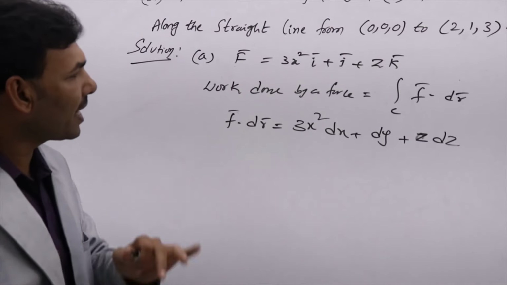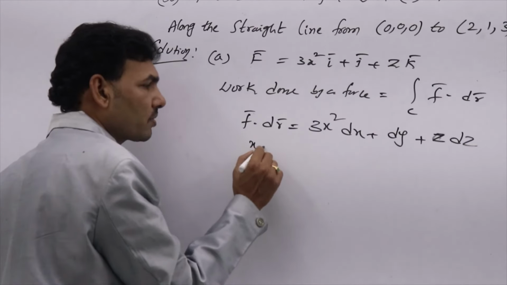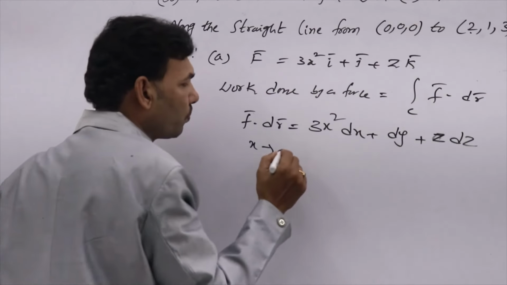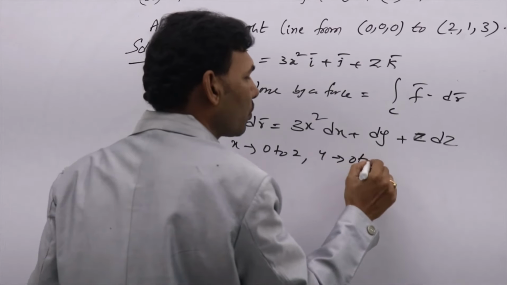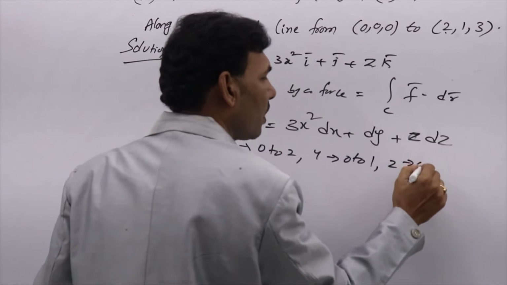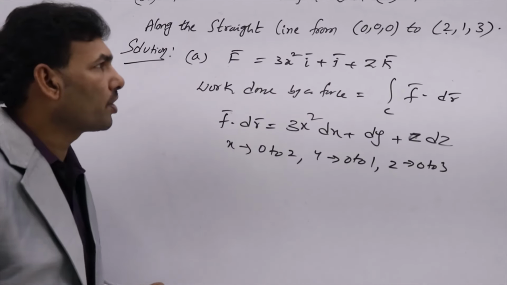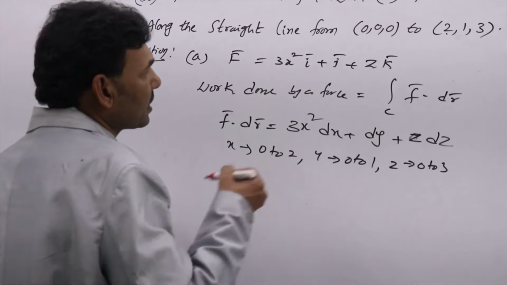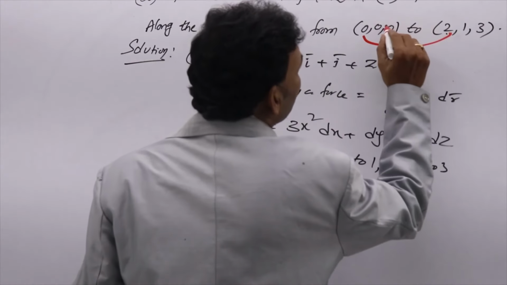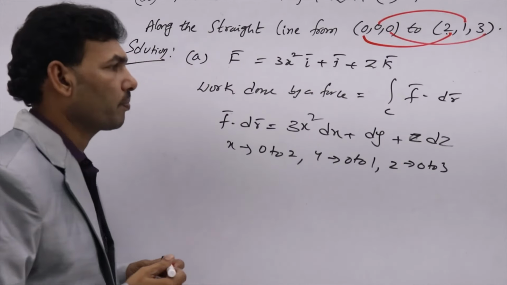In this case we can evaluate directly by taking the given limits: x is from 0 to 2, y is from 0 to 1, z is from 0 to 3. You can easily find the x, y and z limits here very clearly.